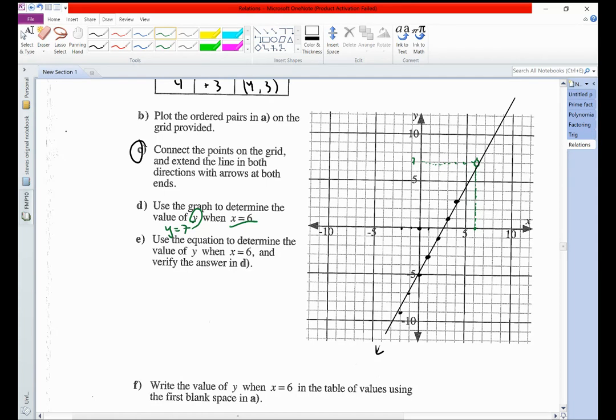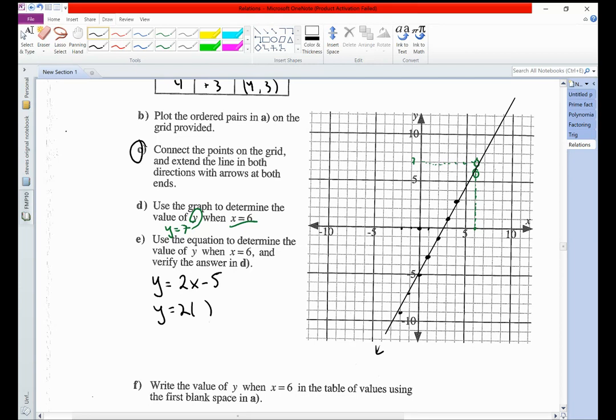And then it says, use the equation to determine the value of y when x is 6. So had we been doing this and we didn't know the answer, we could verify because we know at the start of the question we have y is equal to 2x minus 5. So when x is 6, we can plug that in.